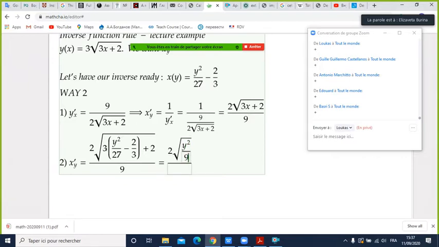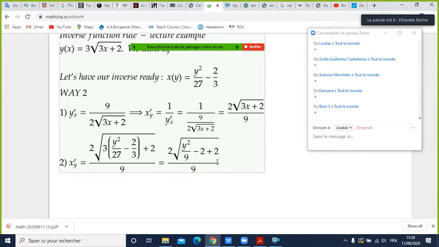This is 3 times this. We then can simplify: 3 times 2 over 3 gives me just 2, and then I have this plus 2 that is not going anywhere. I have to write plus 2. Okay, all this is over 9.